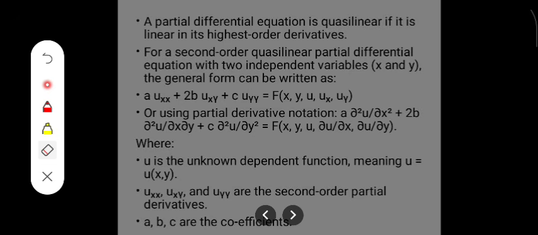A partial differential equation is quasi-linear if it is linear in its highest order derivatives. This means it may be non-linear in its lower order derivatives.